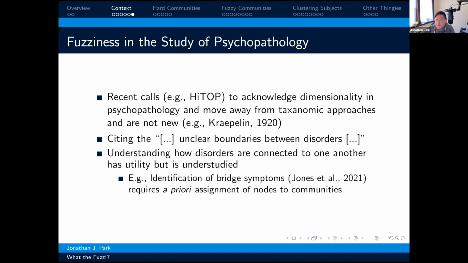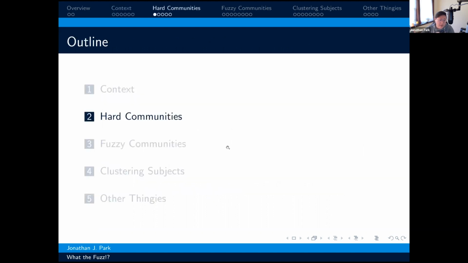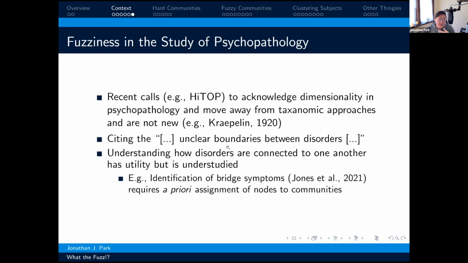So he expressed regret essentially at coming up with firm diagnostic boundaries that weren't actually that firm. And so a lot of these calls are criticizing these unclear boundaries between the disorders, that there's not a clear decision point as to when you might have one disorder or another.